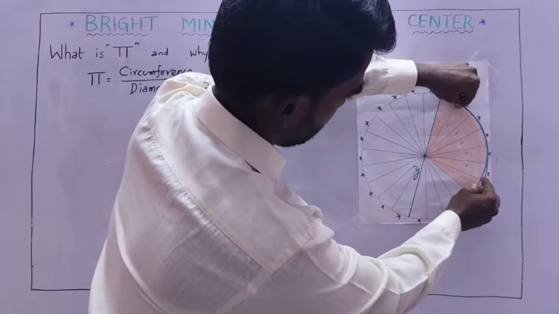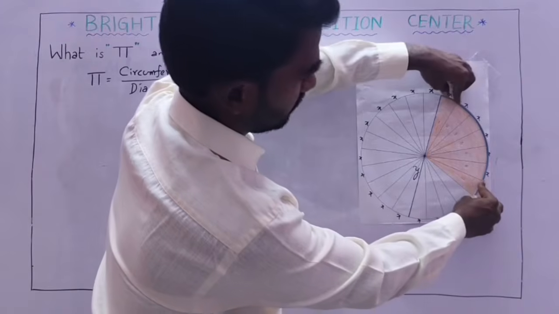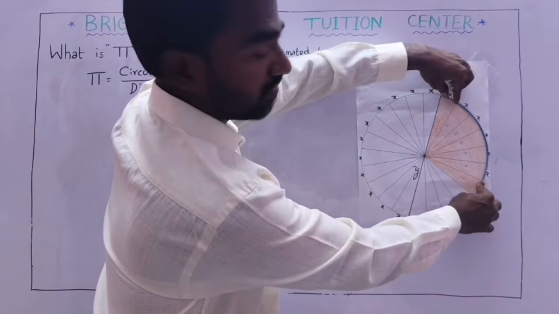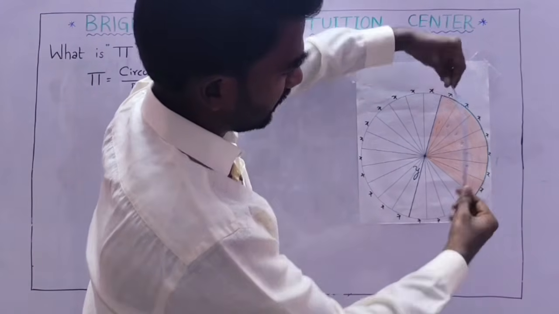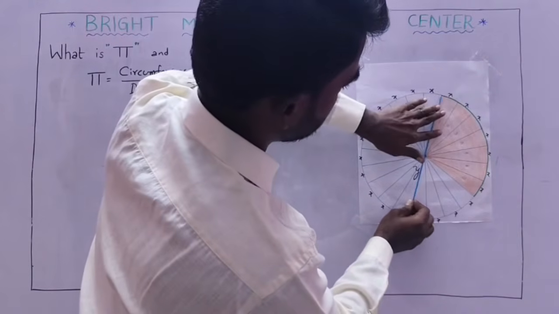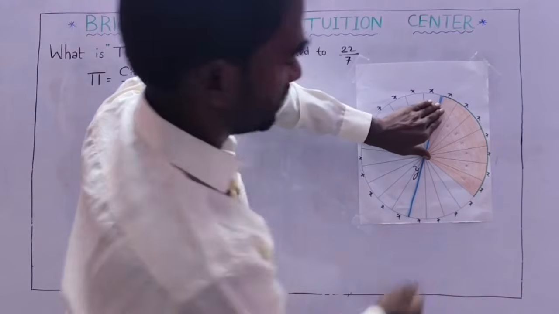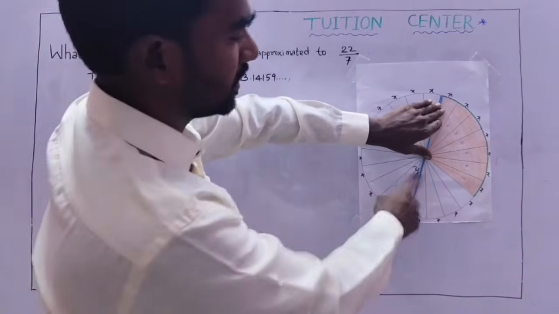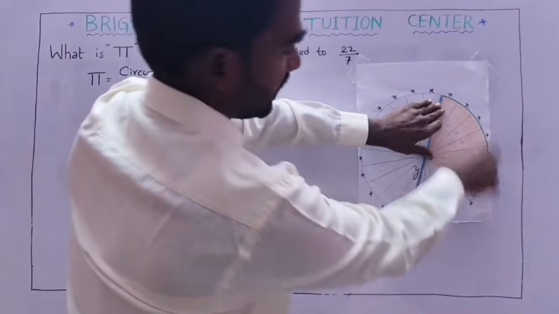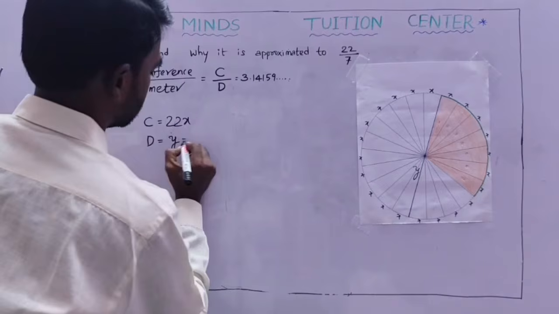Let us take this wire to measure the 7 parts circumference. Here, this is the 7 parts circumference length. And if we take it to a linear scale, that 7 parts circumference will be exactly the circle diameter. Then what is y in terms of x? y is equal to 7x.